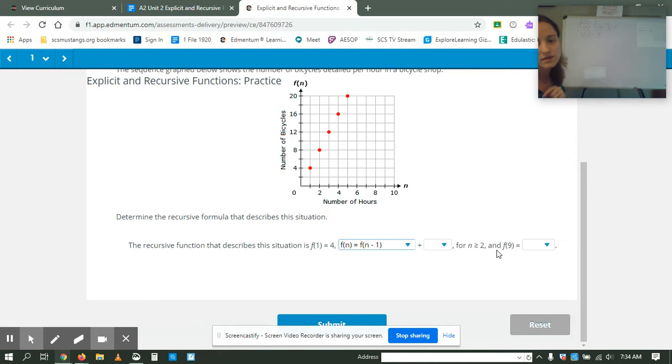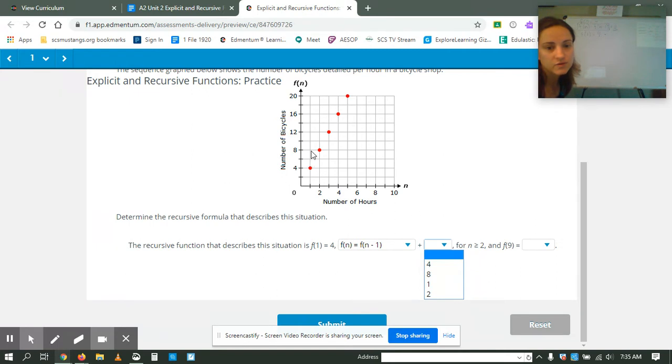And then they want to know what goes in this box, plus what? Plus that common difference is what they're looking for. So if I'm looking, this goes up 2 over 1. So my common difference for that one is going to be 4, 6, 8.